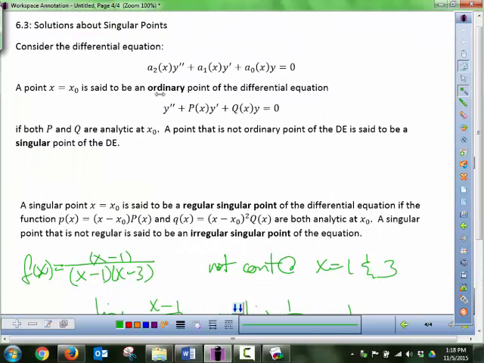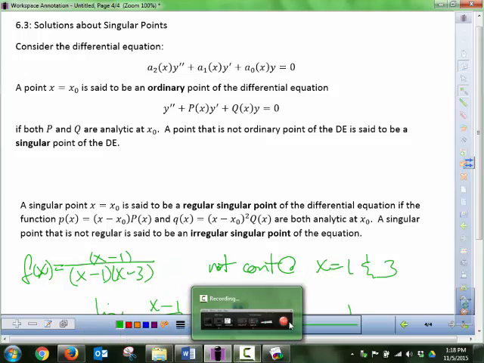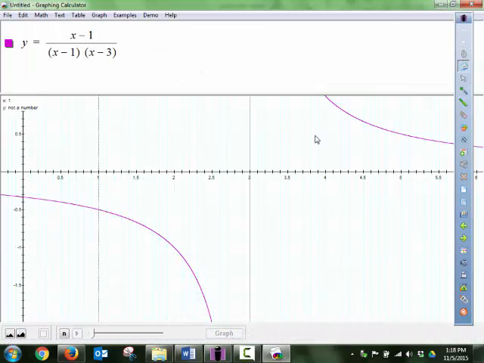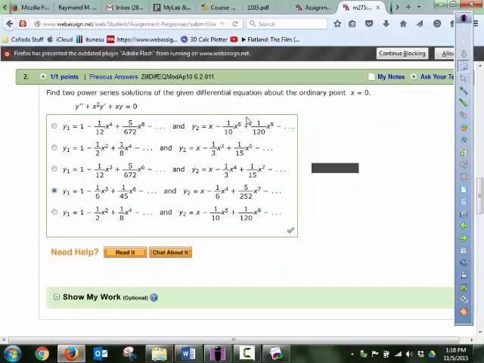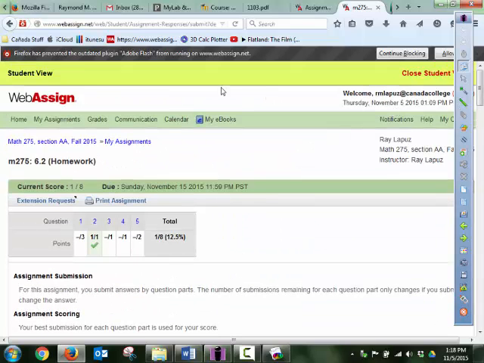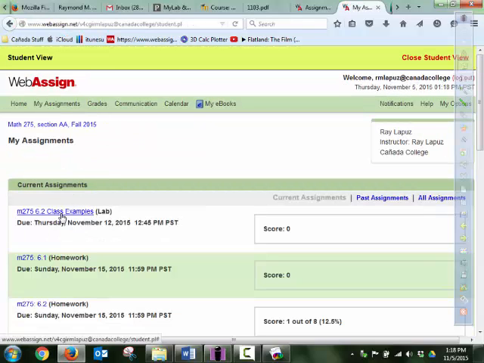And so what I'd like to do is, let's see, I made up one of these things again where I can just pick a whole bunch of problems. It's actually 6.3.